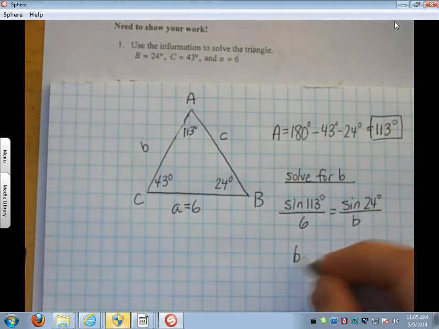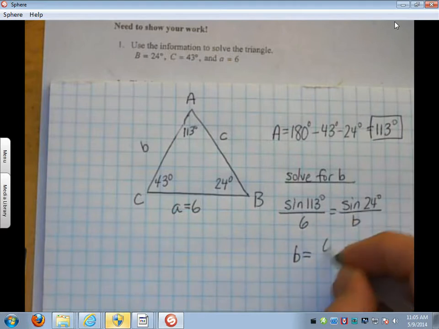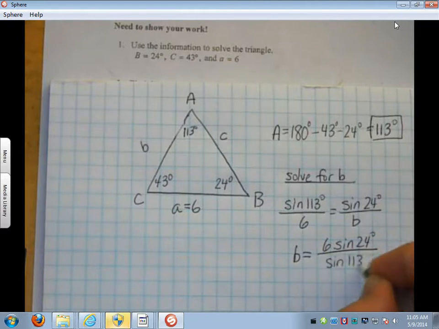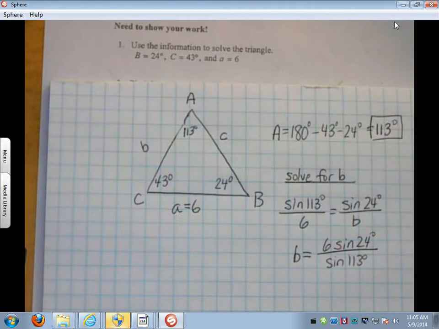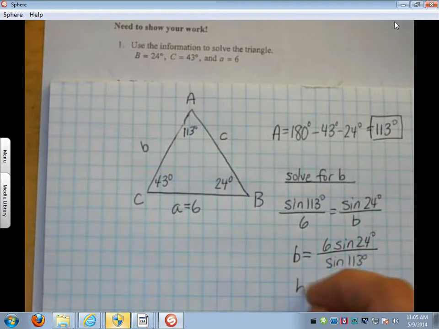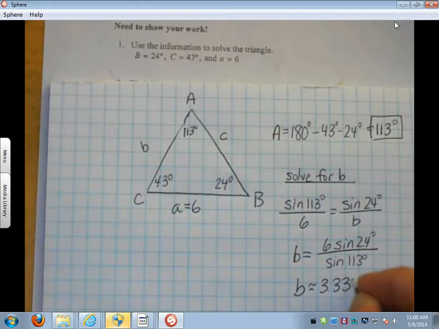So b equals 6 times the sine of 24 degrees divided by the sine of 113 degrees. So b is about 3.337.